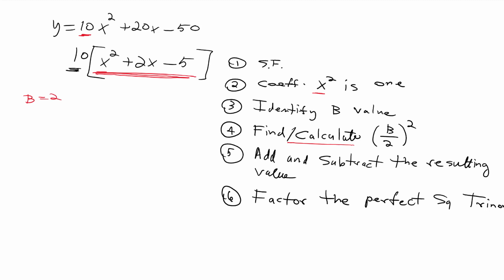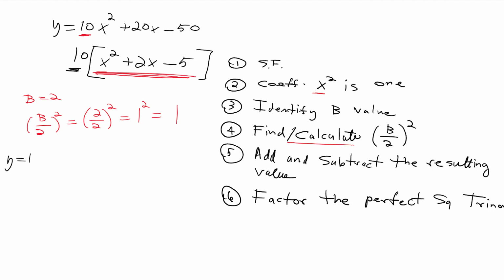Now let's calculate b divided by 2 squared. That's 2 divided by 2 squared, which is simply 1 squared, which is 1. So now I'm going to add and subtract the resulting value. Let's do just that.